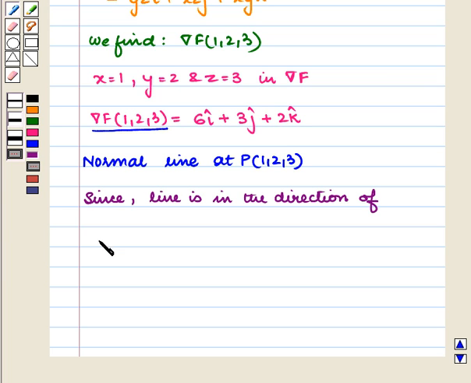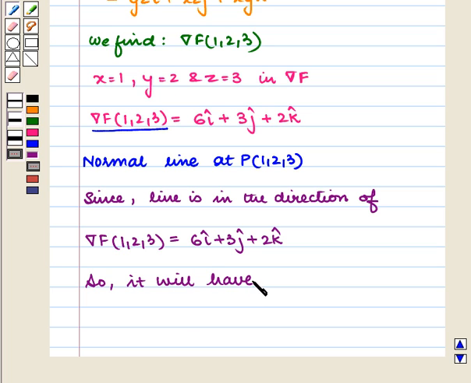Since the line is in the direction of 6 i cap plus 3 j cap plus 2 k cap, it has direction numbers 6, 3, 2.